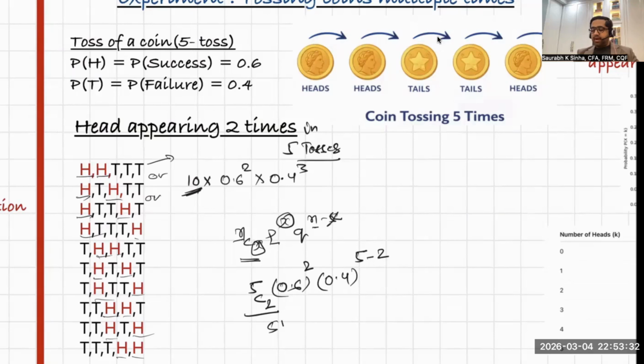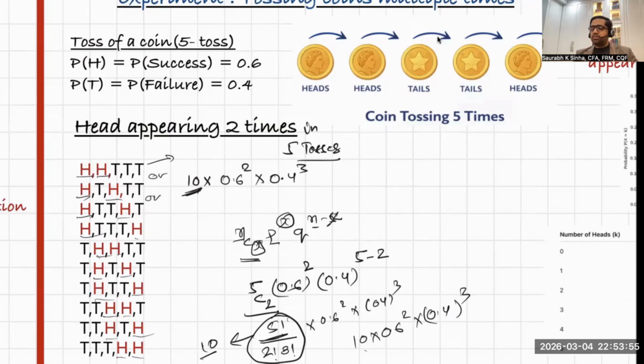5C2 is 5 factorial upon 2 factorial into 5 minus 2, that is 3 factorial, into 0.6 raised to the power 2, 0.4 raised to the power 3. If you break it down, at the end you will get 10 into 0.6 raised to the power 2 into 0.4 raised to the power 3.